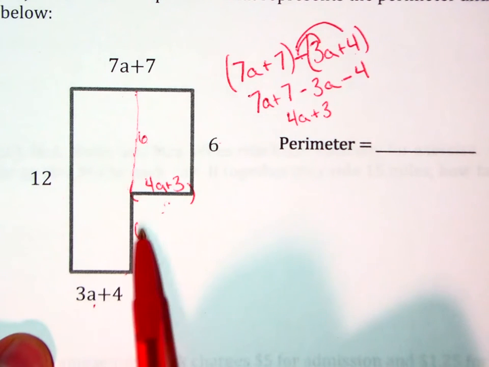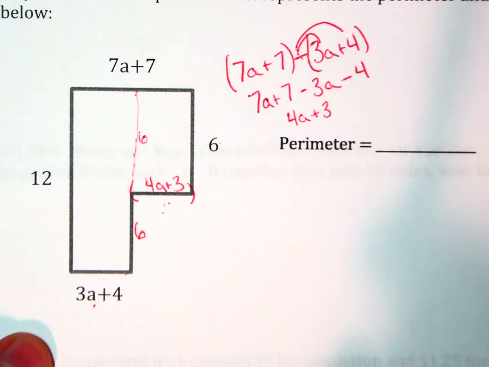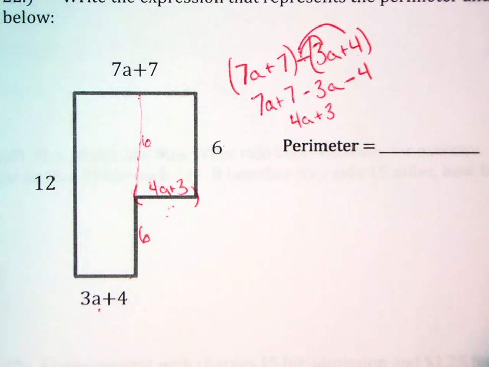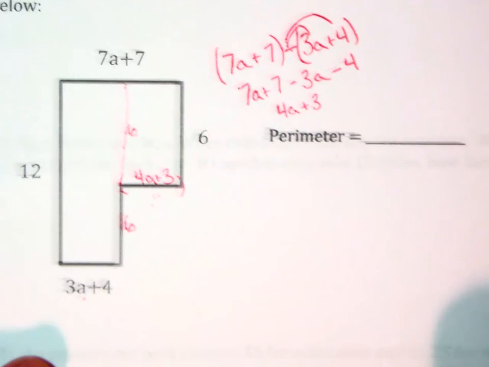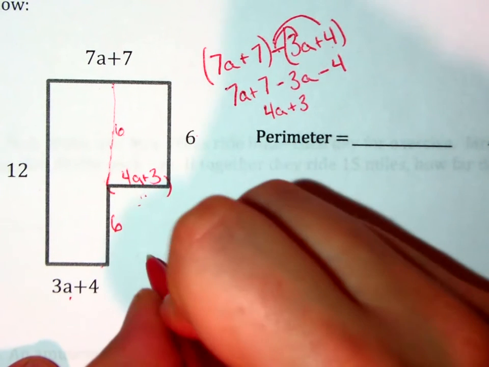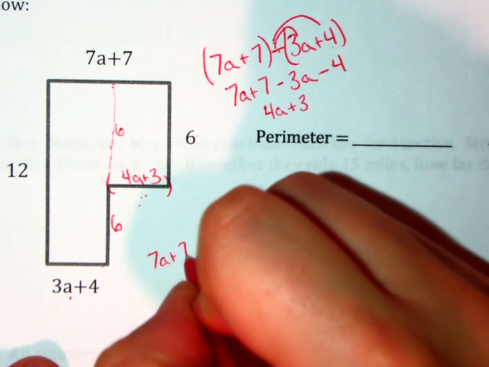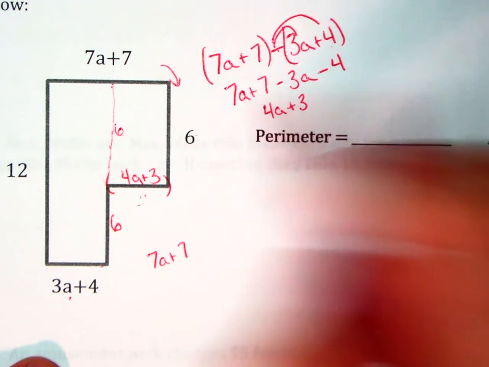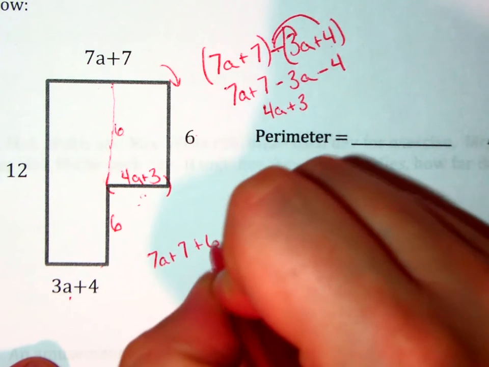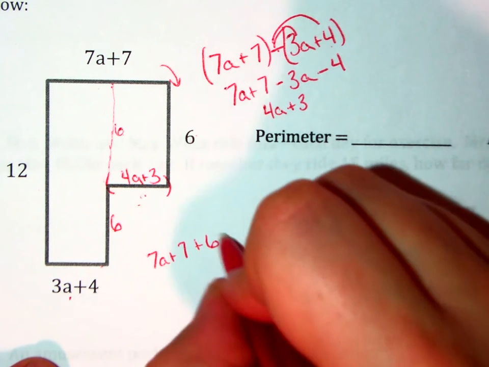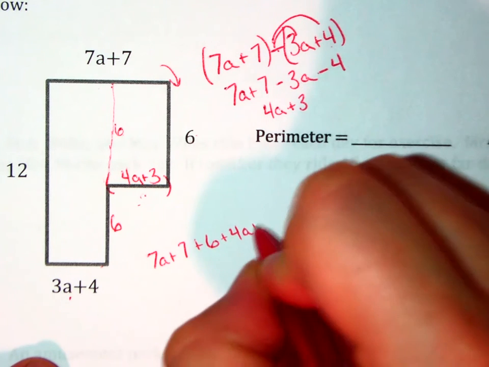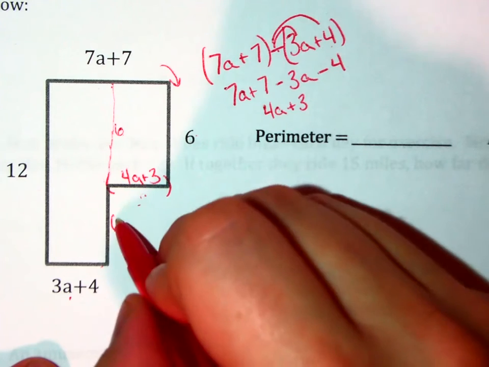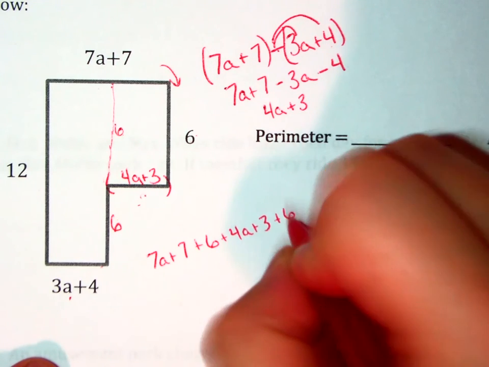Now that I have a length for every side, I need to very carefully write a statement that shows all of those sides being added together. So starting with 7a plus 7, I'm going to work my way around. I generally go clockwise so I don't miss anything. Plus 6, plus 4a plus 3, plus another 6.